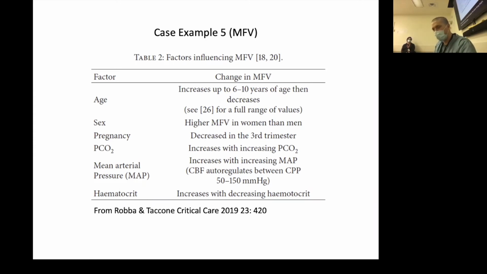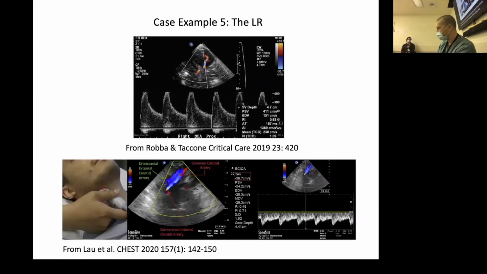And so that's called the Lindegaard ratio, which is fairly straightforward to do. You know, all you have to do is insonate the extracranial internal carotid artery, measure its velocity, and you do the same thing on the ipsilateral MCA. And if there's space between those things, i.e.